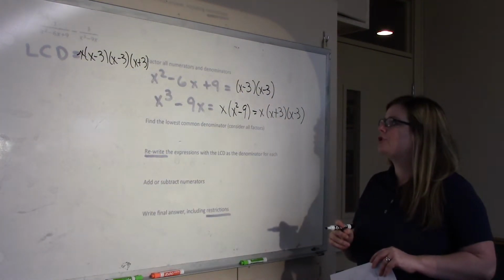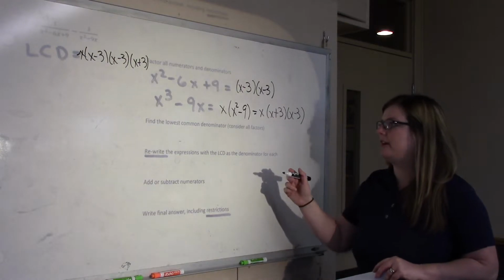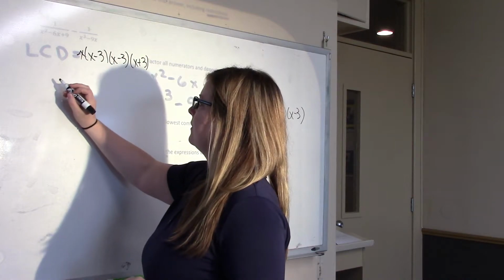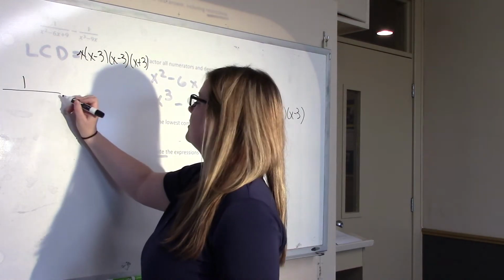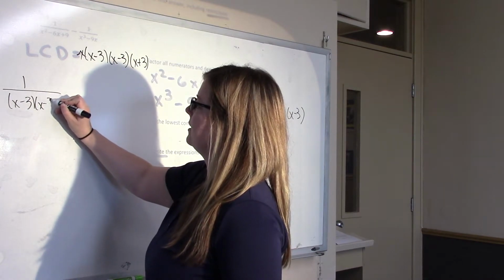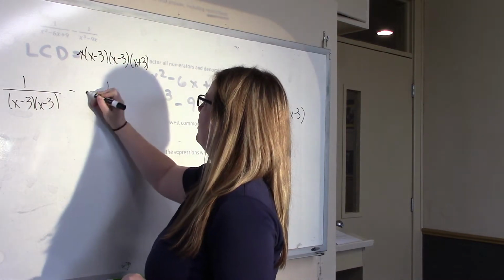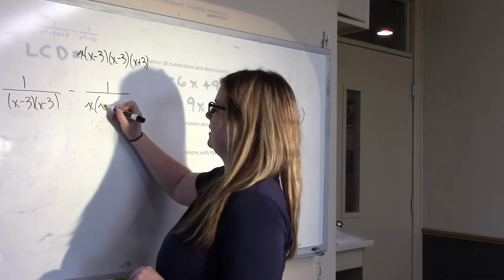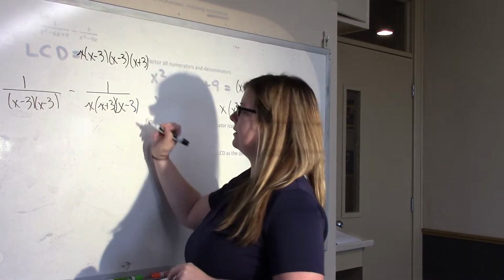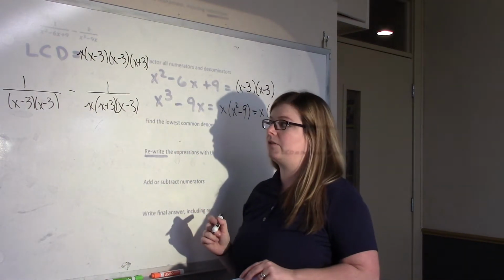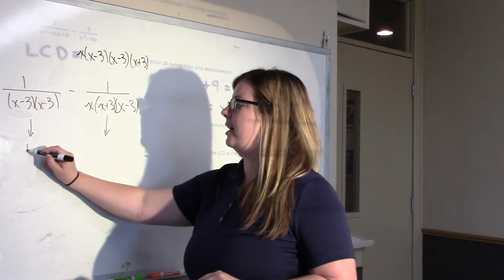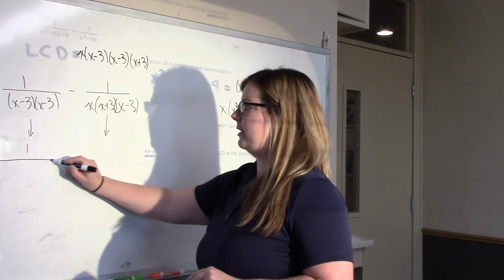Okay? So now I need to rewrite the expressions. So first I'll rewrite the expressions as 1 over x minus 3 minus 1 over x times x plus 3, x minus 3. So that's just rewritten in its factored form. So now we need to change these into fractions with the lowest common denominator.